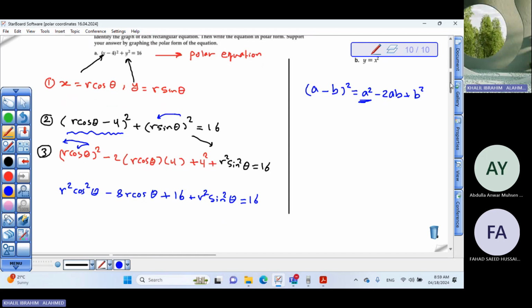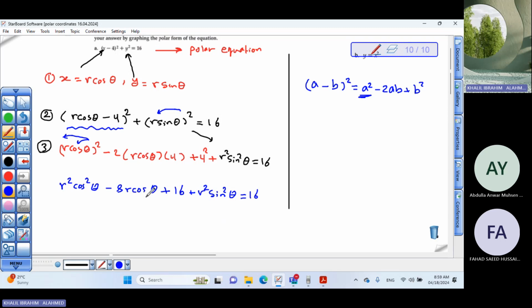Now look at this expression. Maybe we sum the similar terms. Here is r squared cosine, here r squared.